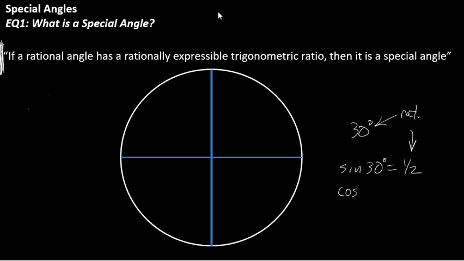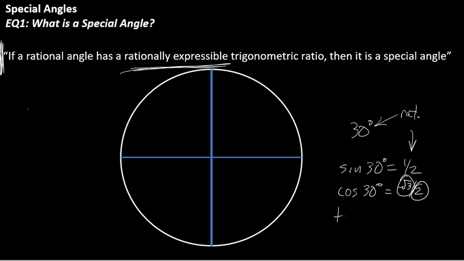If I take the cosine of 30 degrees, I'm going to get square root of 3/2. And this isn't technically rational because the square root of 3 isn't rational, but it is expressible as a ratio of the square root of 3 to 2. So that's what we mean by rationally expressible.